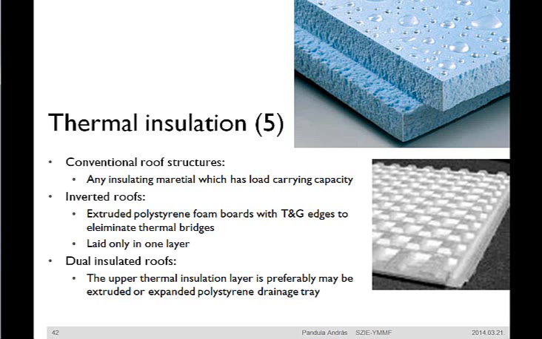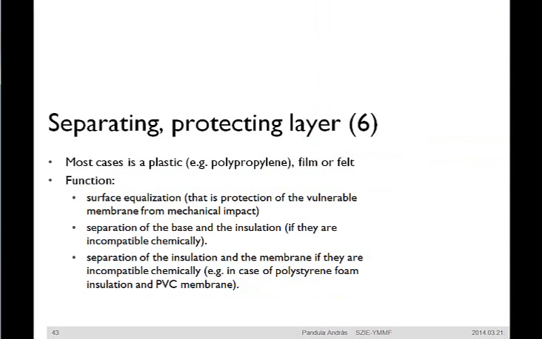Or we can mention the expanded polystyrene drainage trays also, which are also fulfilling water reservoir roles in the layer sequence. The next layer is a separating and protecting layer, which is marked with 6. In most cases, this layer is made of plastic film or felt, usually polypropylene.